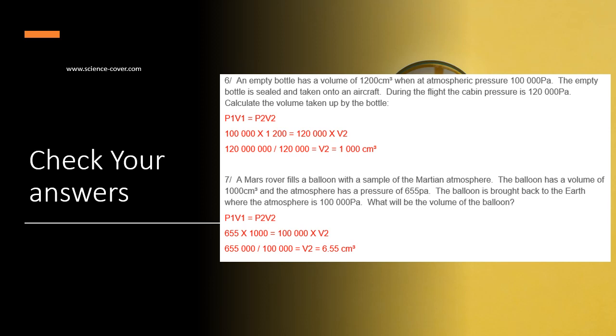So we do P1V1 equals P2V2, and P1 and V1 are going to be 655 and 1,000, and P2 is going to be 100,000. So that leaves us 655,000 divided by 100,000, giving us V2. So V2 is going to be 6.55 centimeters cubed.